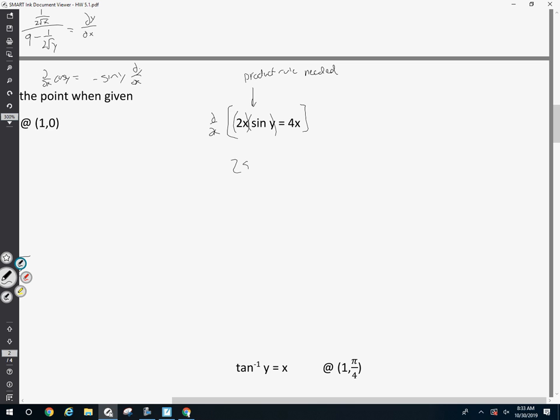Derivative of 2x is 2, derivative of the first times the second, plus the derivative of the second, cos y dy dx times the first, equals the derivative of 4x. Subtract the 2 sine y, divide by 2x cos y. I could do that all at once, but if you are confused by it, just do it one step at a time. Okay?